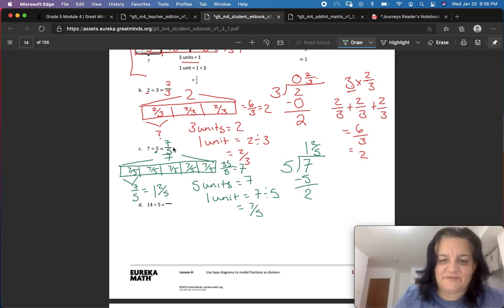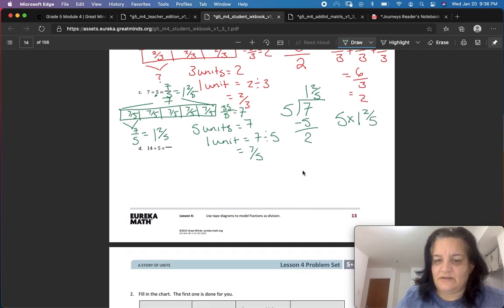So 7/5 or 1 2/5. Let's multiply to see if that works. 5 times 1 2/5. So I'm going to write that down here actually. 1 2/5 plus 1 2/5 plus 1 2/5 plus 1 2/5 plus 1 2/5.